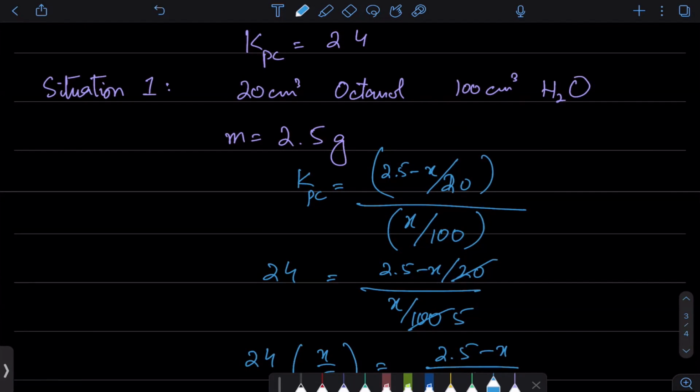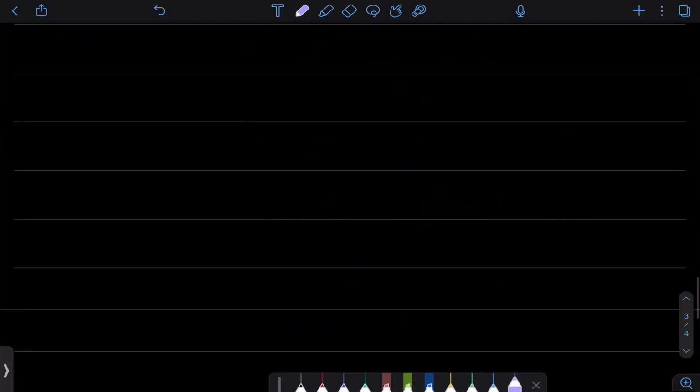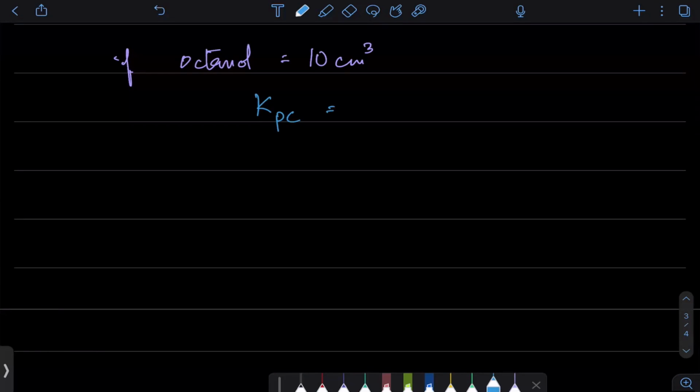So अब क्या होगा? Here's what's going to happen. If octanol was 10 cm cube, not 20 cm cube, we'll do the KPC again. This time, let's say this is Y. So Y over 10 over 2.5 minus Y over 100. So basically what I've done is this time, I want to just directly get to how much of this is in water.